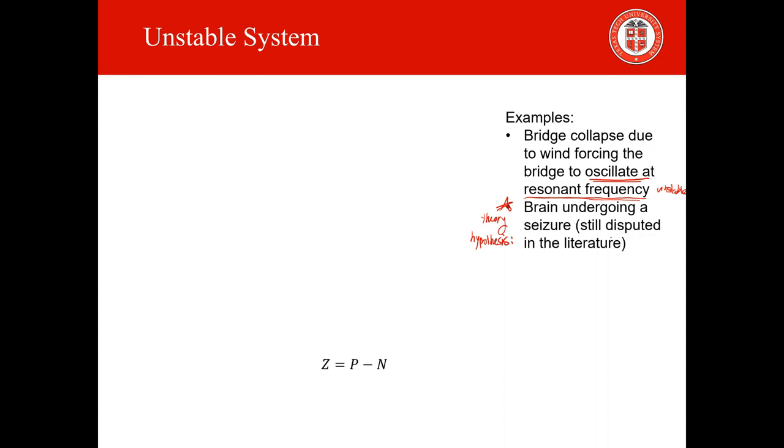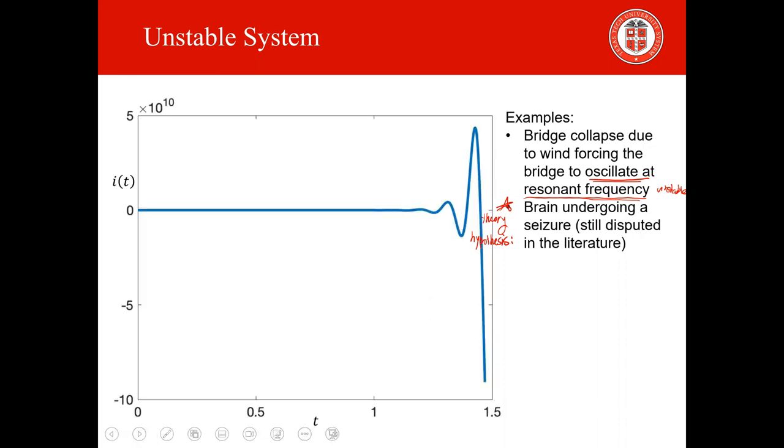This is still kind of disputed in the clinical world, but researchers have tried to mathematically represent a seizure as an instability in linear systems. So kind of interesting. Anyways, when you think about unstable systems, this is what we're talking about.